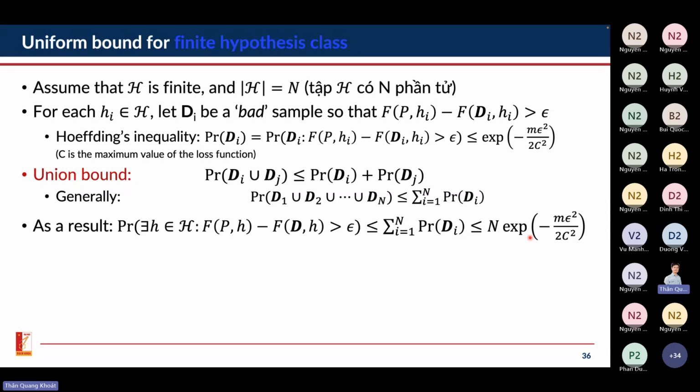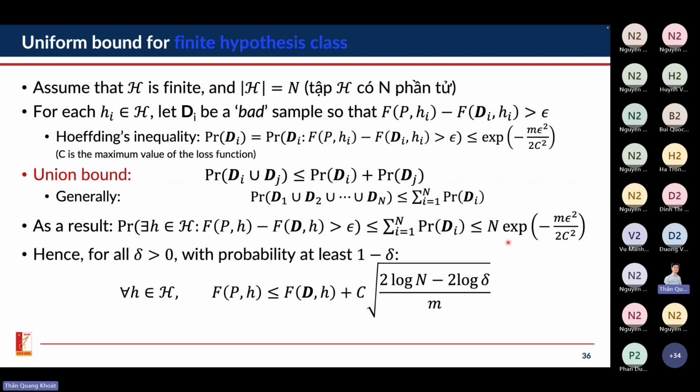So in this case, when we have a finite number of members, we can estimate this quantity very easily. And we can say it another way: with probability at least 1 minus delta, every member in our family should satisfy this result. So we just take one example to show that we can analyze the generalization error of a model by considering the worst case behaviors of any members in the family.